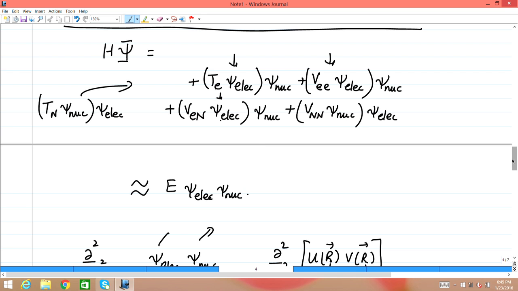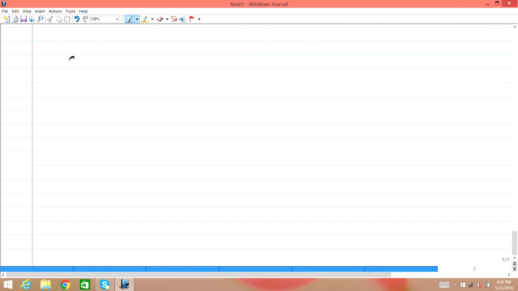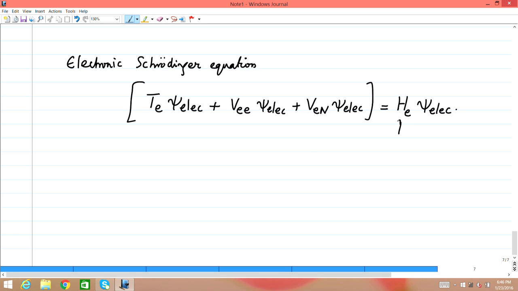This is solved as the electronic Schrodinger equation: Te psi electronic plus VEE psi electronic plus VEN psi electronic. Let us call this the Hamiltonian for the electronic motion acting on psi electronic.